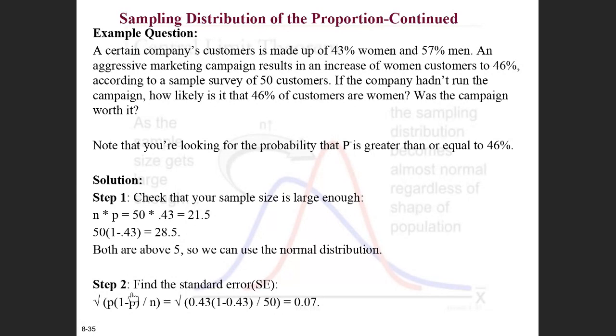So step 2, we want to find the standard error, the square root of p times 1 minus p divided by n. So we have the square root of 0.43 times 1 minus 0.43 divided by 50 equals 0.07. From your understanding of a standard error, is that a large standard error or a small standard error?